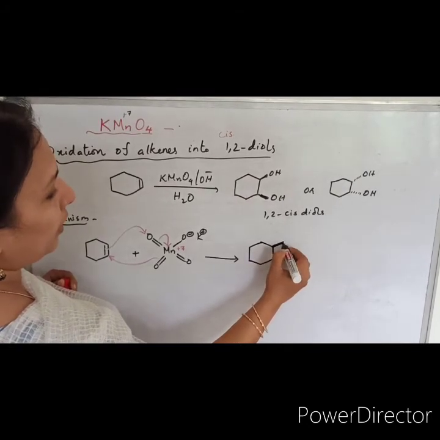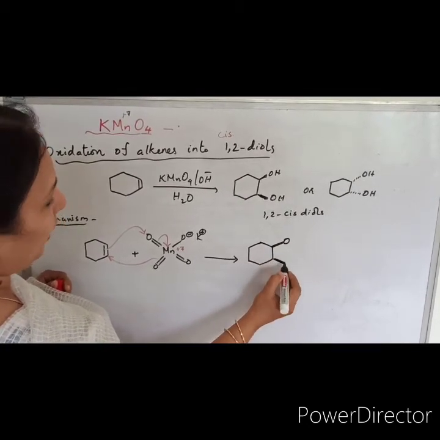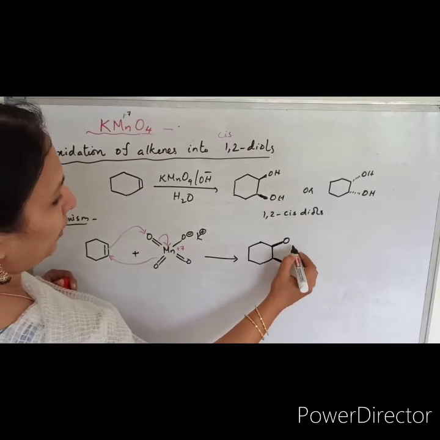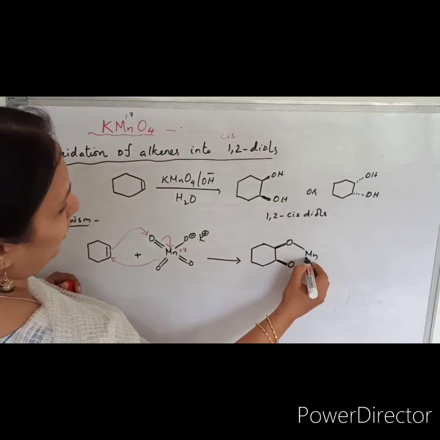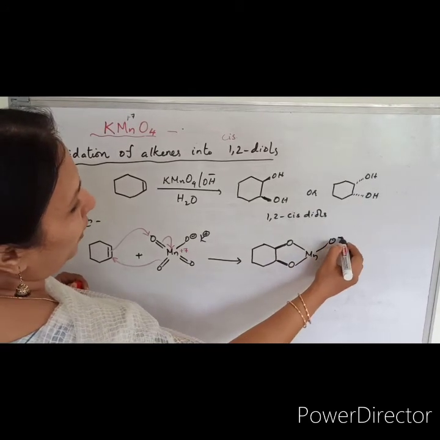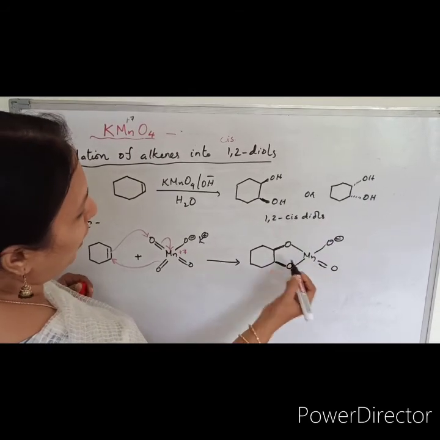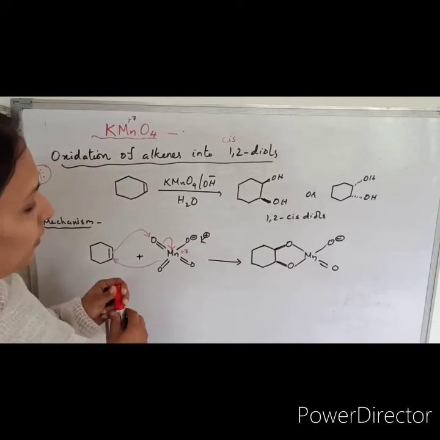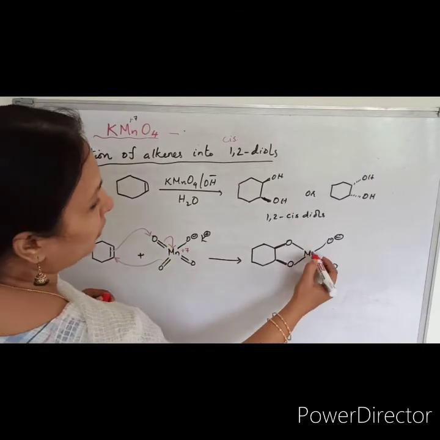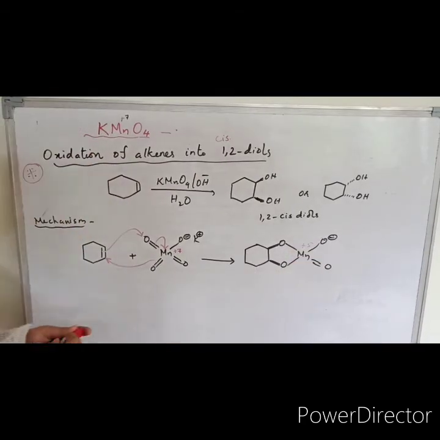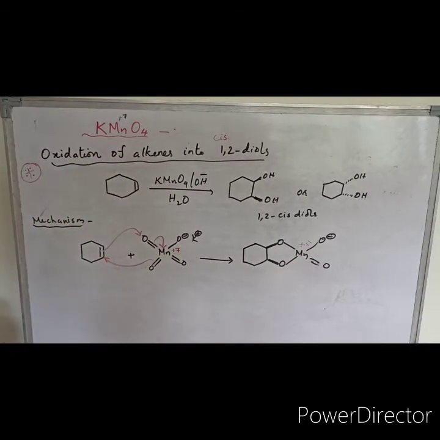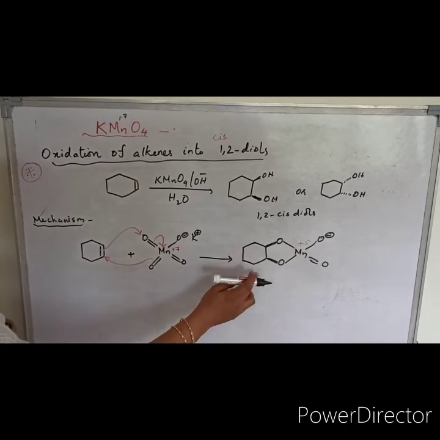In order to show it is happening on the same face, you can show the beta bonds, manganese, O minus, double bond O. Now the oxidation state of manganese, since it accepts 2 electrons, will be +5. So this is a cyclic ester intermediate.